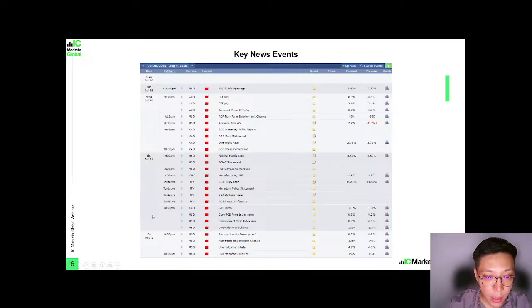And then for Thursday we have USD federal funds rate as well as the USD FOMC statement. I would suggest you close your trades before this news, because you don't want to be affected by this high impact news.